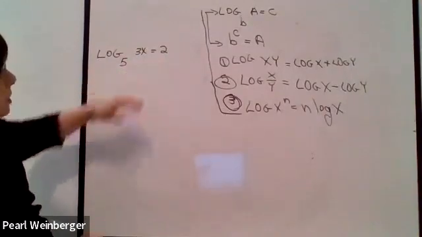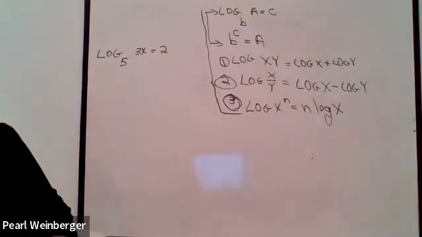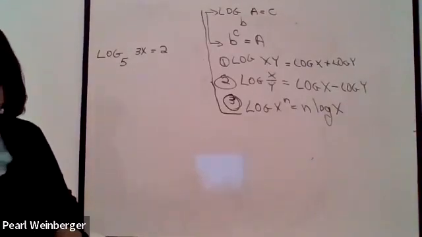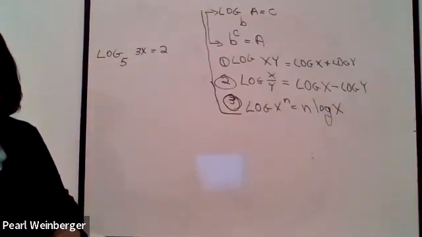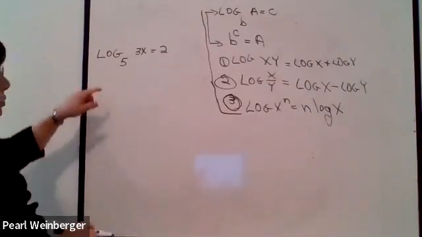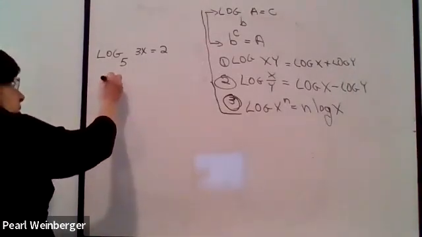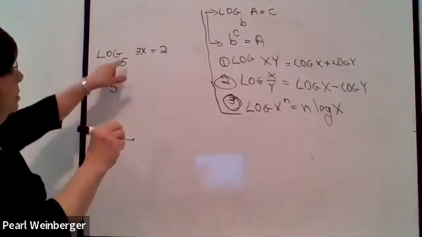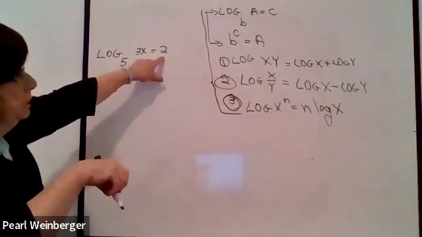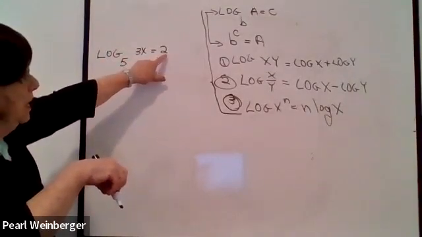We've mentioned the easiest way to solve those log equations is to change from the log expression to an exponential expression. Again, the subscript is going to be the number that gets the exponent. The number on the other side of the equal sign is going to be the exponent.